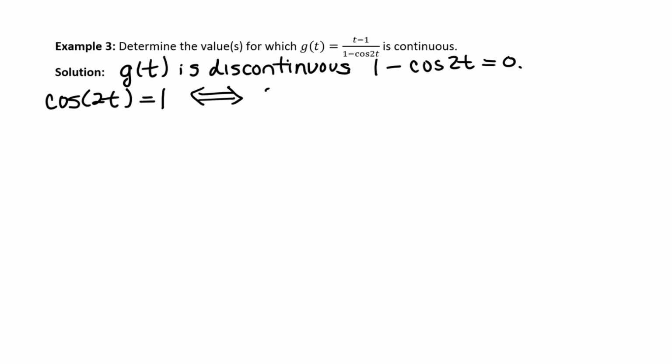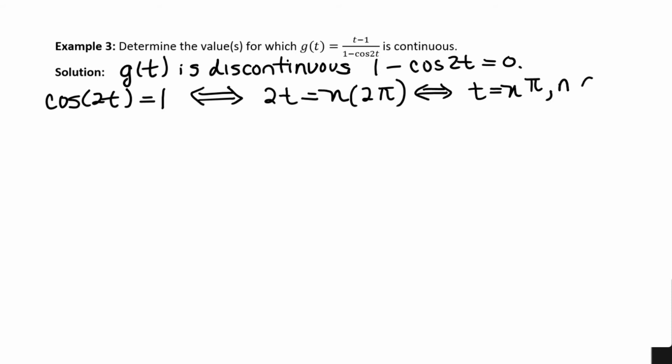So it appears that when 2t is equal to multiples of 2 pi, let's go ahead and divide the common factor of 2. So we got t equals, the 2's are canceled, n times pi. And of course, n is an element of the integers, where capital Z stands for integers.